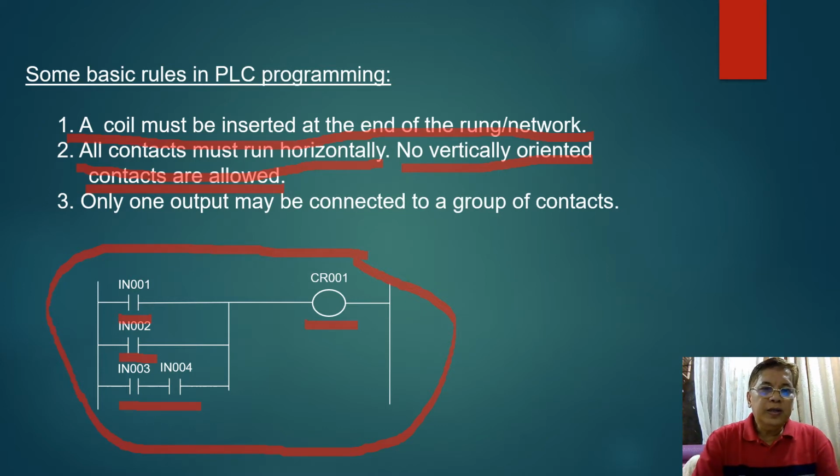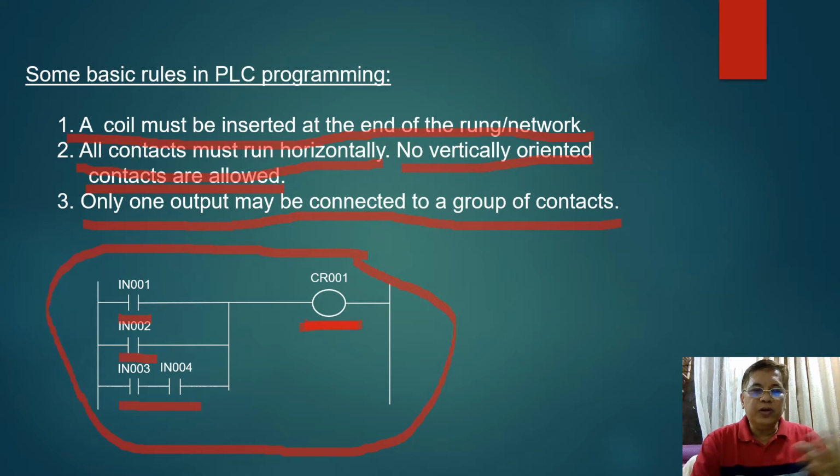Then the third rule is only one output may be connected to a group of contacts. Okay, so example again, this one here is an output represented by CR001, and for every network there should only be one output.